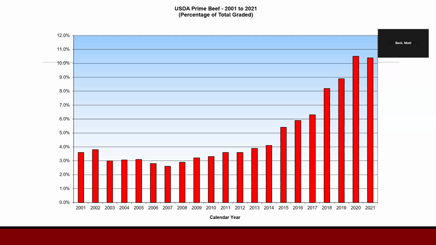So packers were incentivizing people to feed cattle to heavier weights, right? Has anybody seen the U.S. beef production? U.S. beef production has stayed pretty consistent. Hasn't really gone down with what we're seeing with feeder cattle. So for that to make sense, we have to be getting more beef per animal.